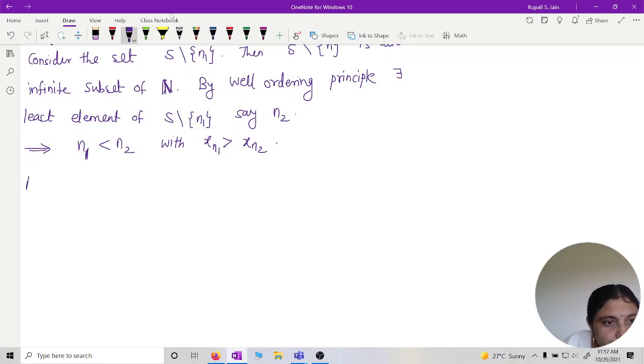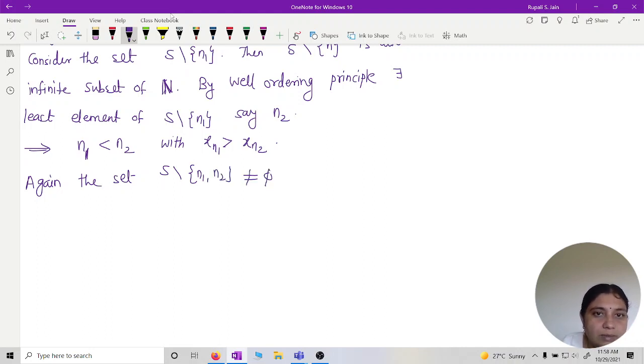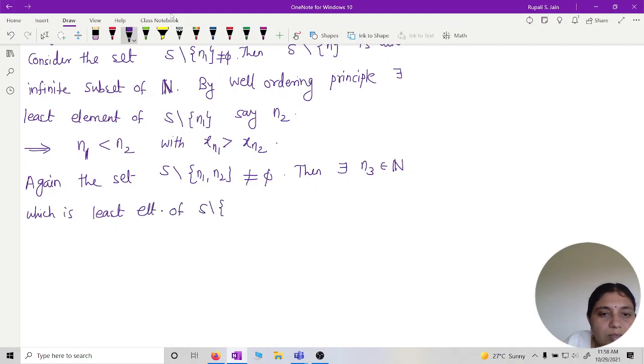Again, the set S minus n1 comma n2 is a non-empty set because it is an infinite set. Then again by the well ordering principle, there exists a natural number n3 belonging to N, which is the least element of S minus n1 comma n2.